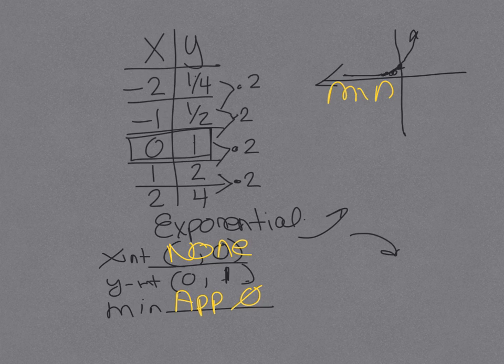It's approaching 0, but it's never going to hit it. All right. So with maximum, do we have one? No. If we've got a minimum, we don't have a maximum. We don't have both. Okay? All right, so it's approaching 0, and it has a y-intercept of 1. Okay? All right, let's look at number 9.